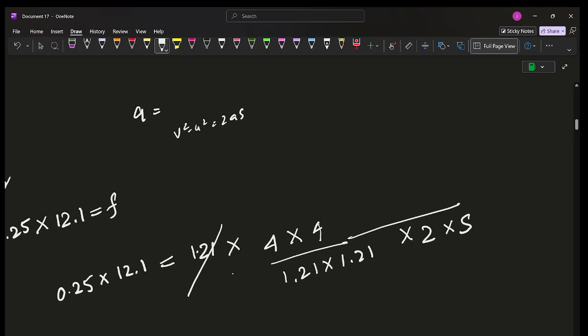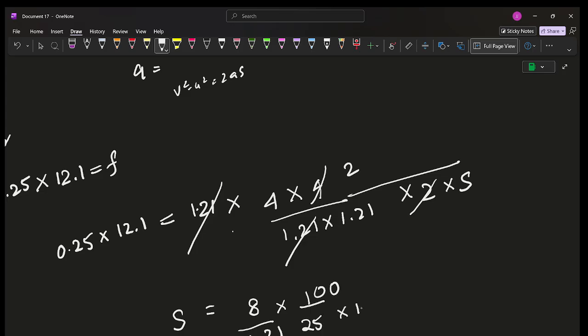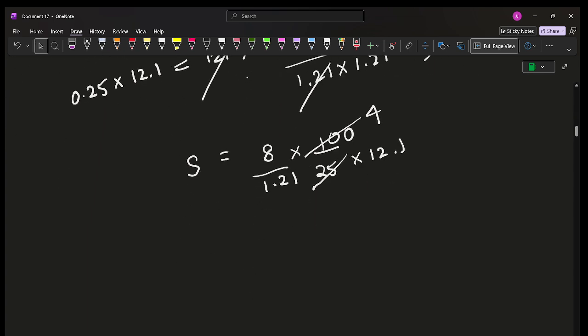I'm doing something, I do not know how far this is right. So let's just give it a try. It will take us 4s are 32.